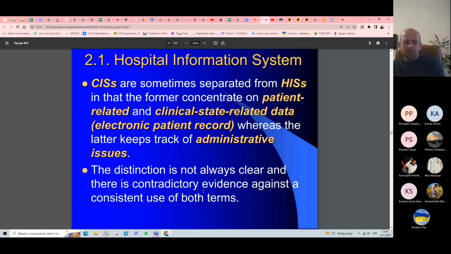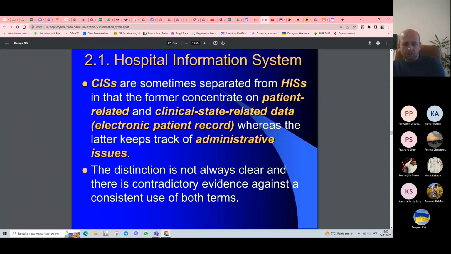Hospital information systems are sometimes separated from clinical information systems. The former concentrate on patient-related and clinical-state-related data, the electronic patient record, whereas the latter keeps track of administrative issues.